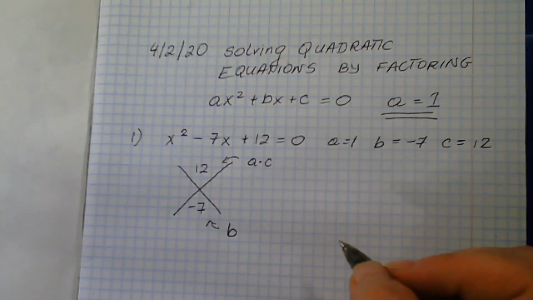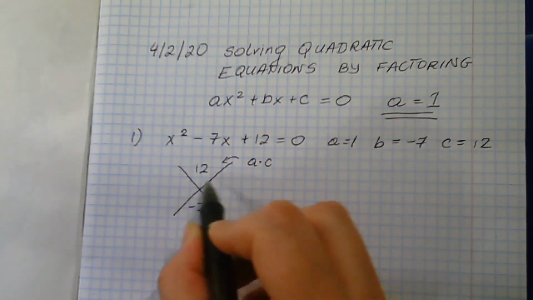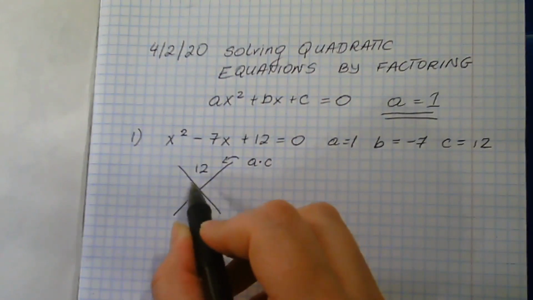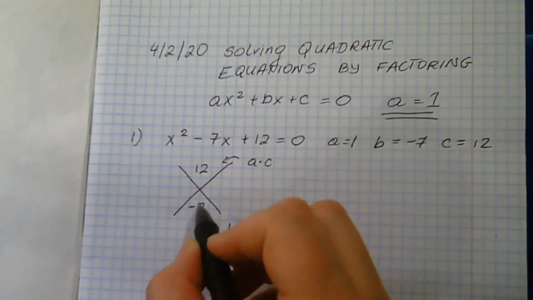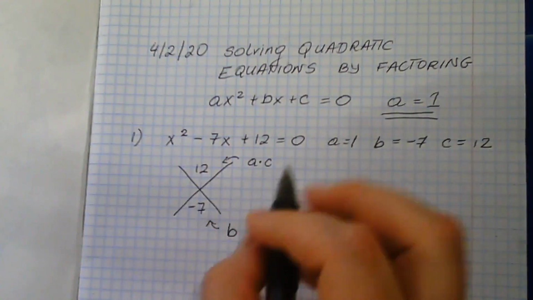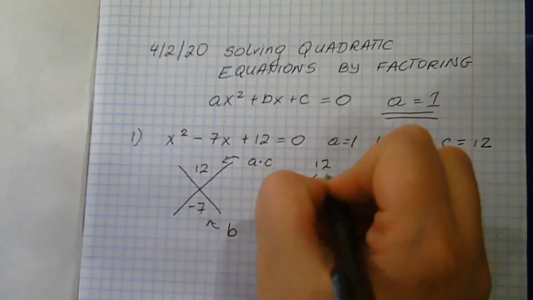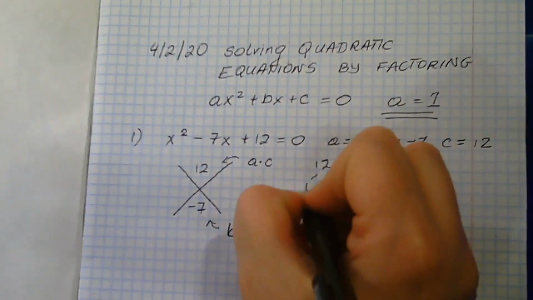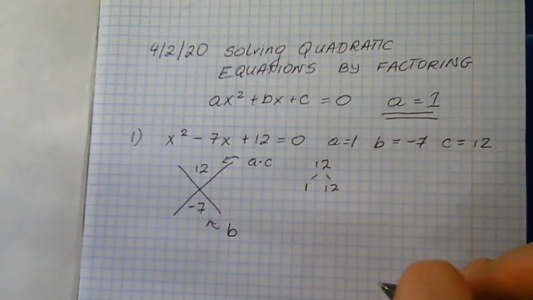In this case it is -7. Now we need to find two numbers, they're going to go right here, that at the same time multiply to 12 and add up to -7. If you get confused, what does that mean? Start by writing factors of 12. I can divide 12 by 1 and that's going to give me 12, because 1 times 12 is 12.